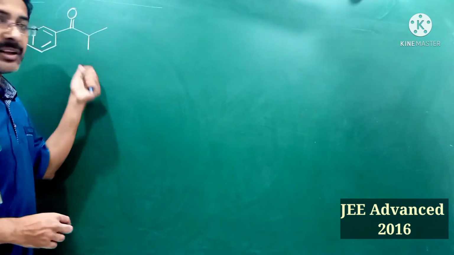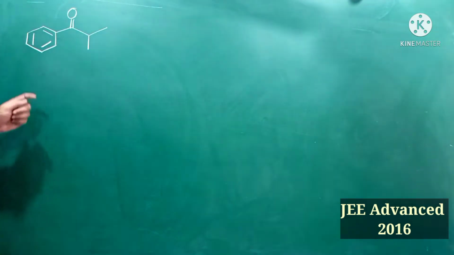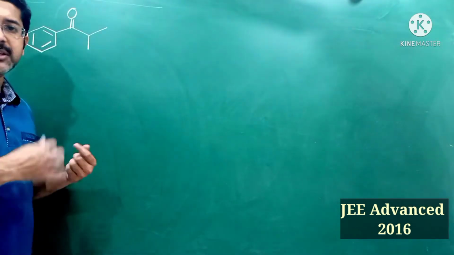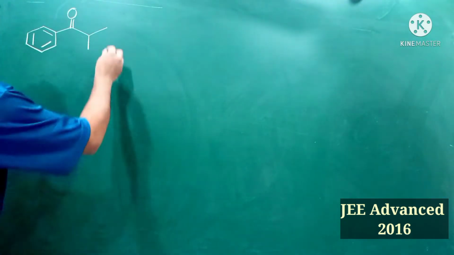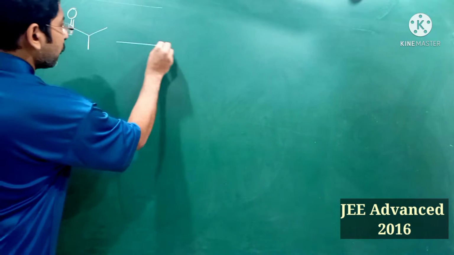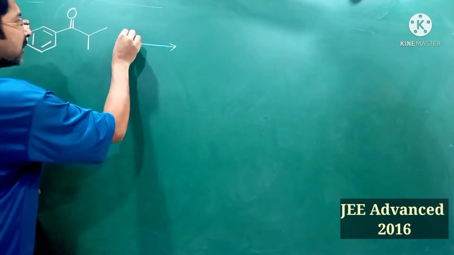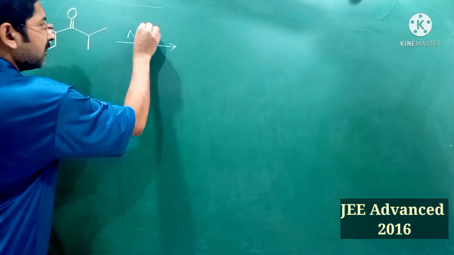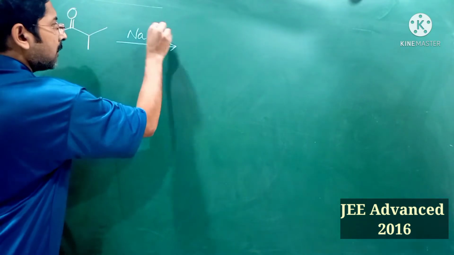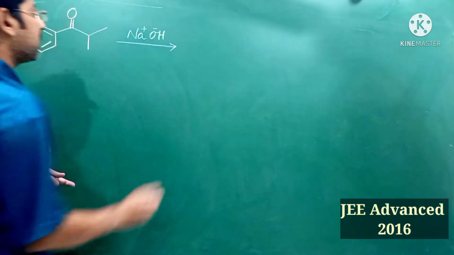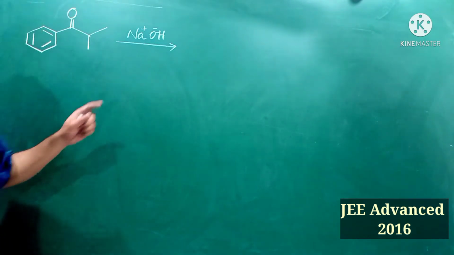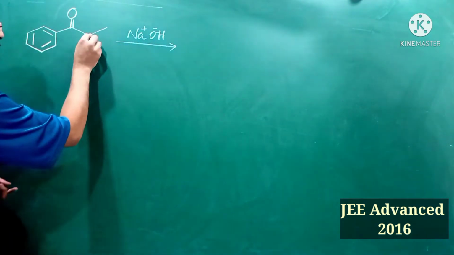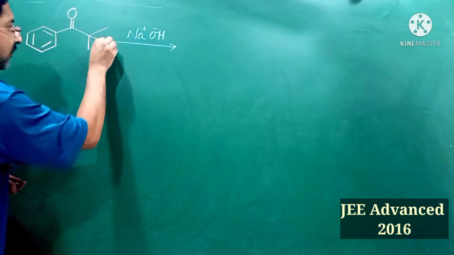This compound has been given in the question paper. This compound is subjected to react with formaldehyde in presence of sodium hydroxide. We know sodium hydroxide is a base, Na+ and OH-. So obviously hydroxide ion is a very decent base, so it will abstract the hydrogen atom present at this alpha carbon.